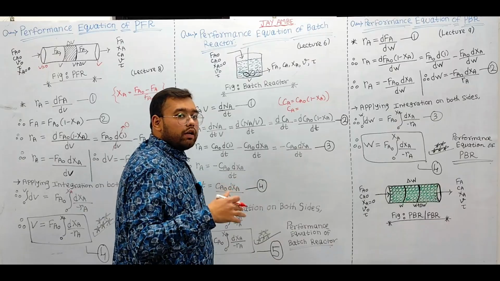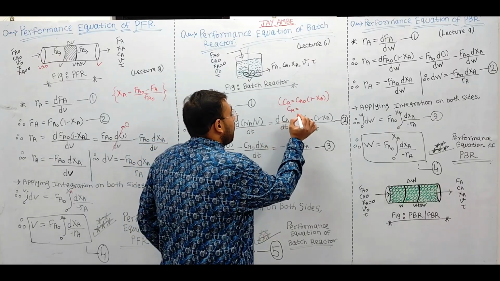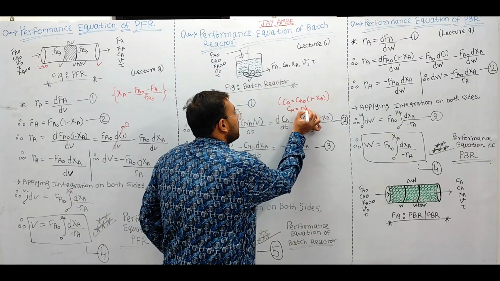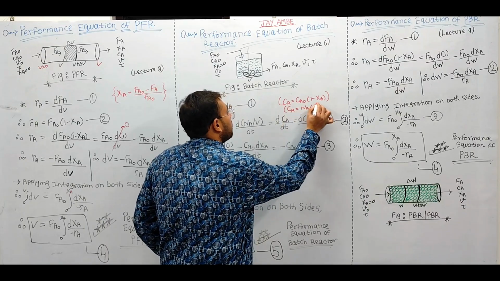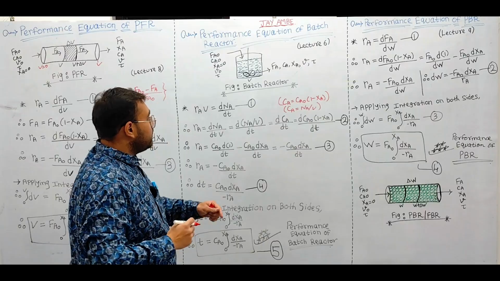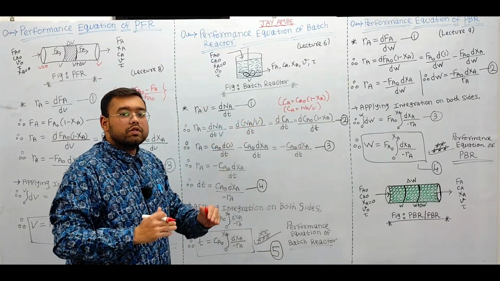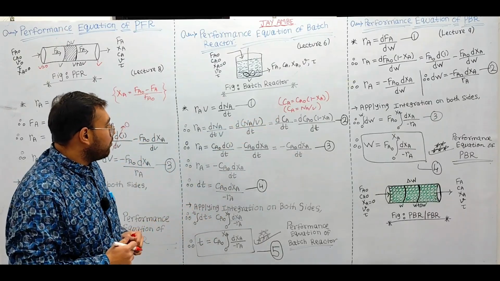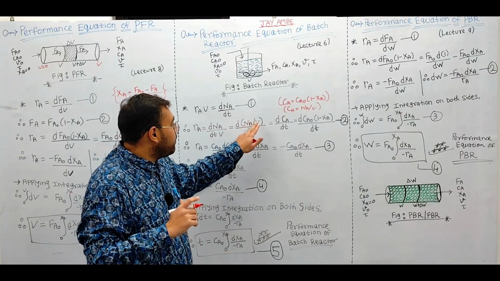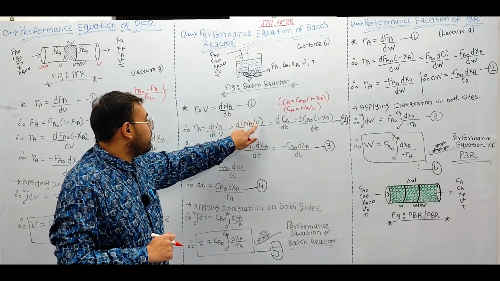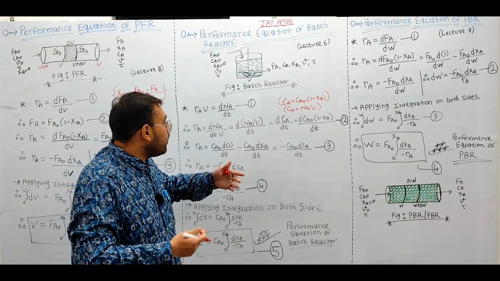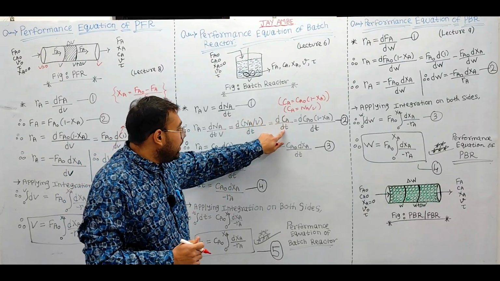We can write concentration as the ratio of moles of the reactants with respect to its volume. Okay, so concentration is the ratio of number of moles with respect to the volume. So Na by V represents the Ca. So d of Na by V upon dt we can convert as d of Ca by dt, right?